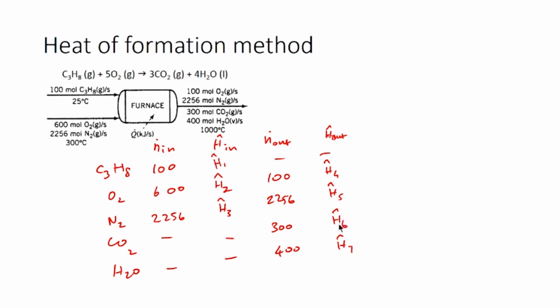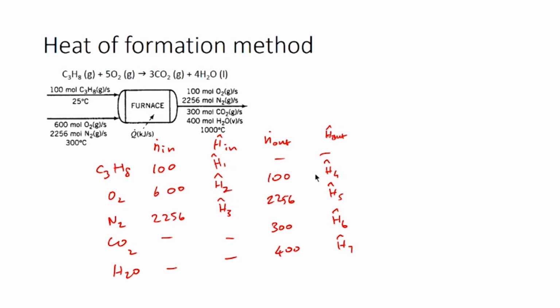Your other two terms, H6 cap and H7 cap, are going to have two different components, one being the formation of carbon dioxide or water and the other being the heating of carbon dioxide or water from 25 degrees Celsius to 1000 degrees Celsius.